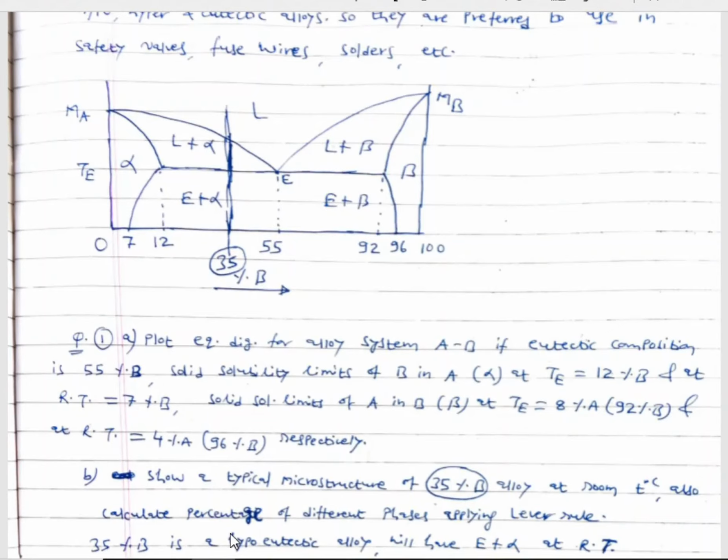L plus alpha is shown on the left hand side of E, because here we are considering the microstructure of 35% B alloy. So above liquidus temperature it is 100% liquid, between liquidus and eutectic L plus alpha, and below eutectic it is eutectic plus alpha.